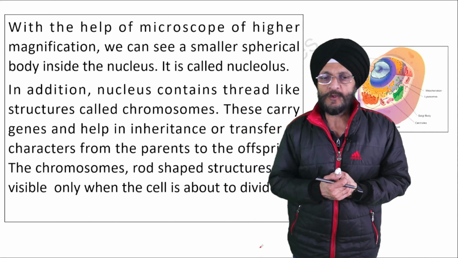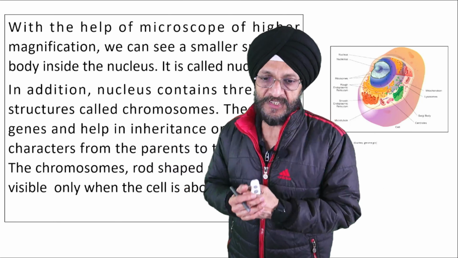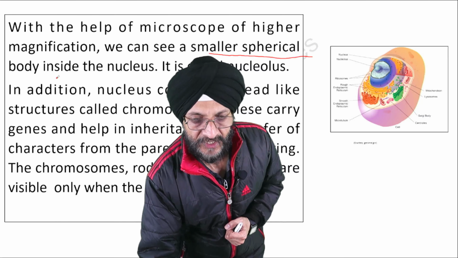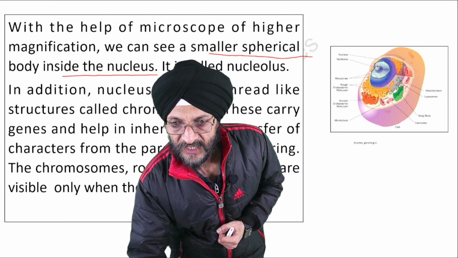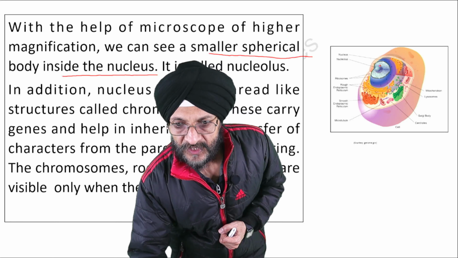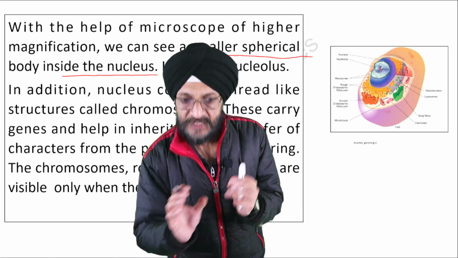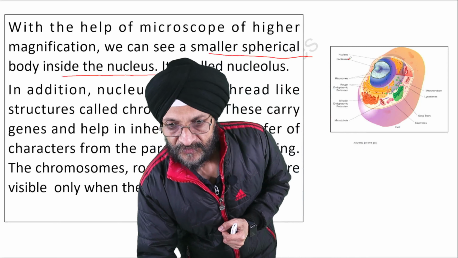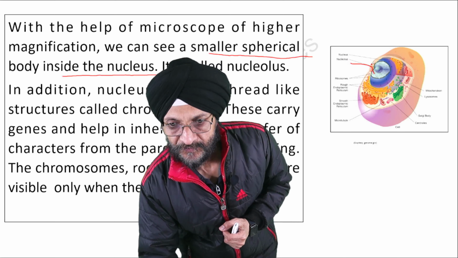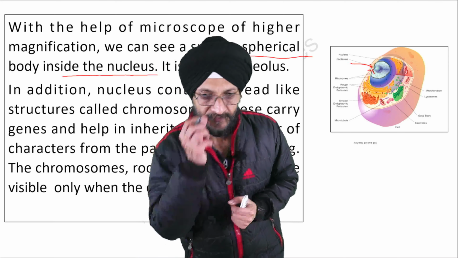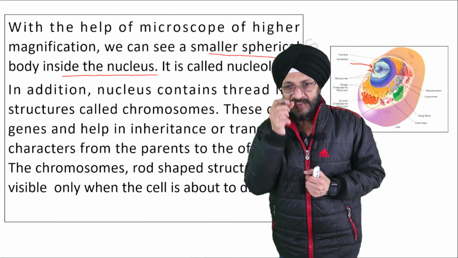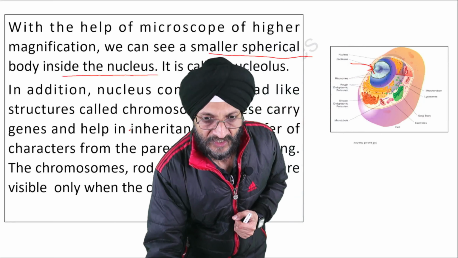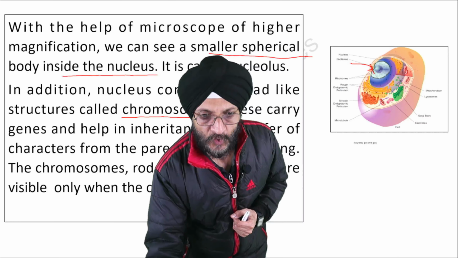With the help of a microscope of higher magnification, we can see a smaller spherical body inside the nucleus. You can see here that this is the nucleolus. A small spherical body which is present inside the nucleus is called the nucleolus. In addition, the nucleus contains thread-like structures which are known as chromosomes.